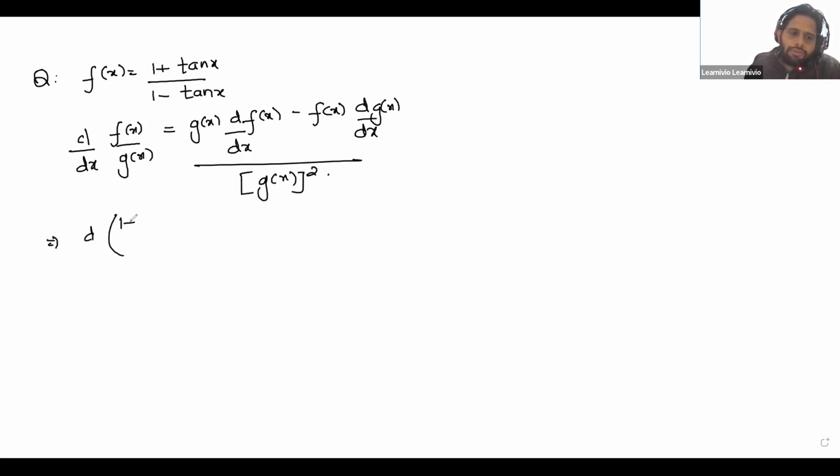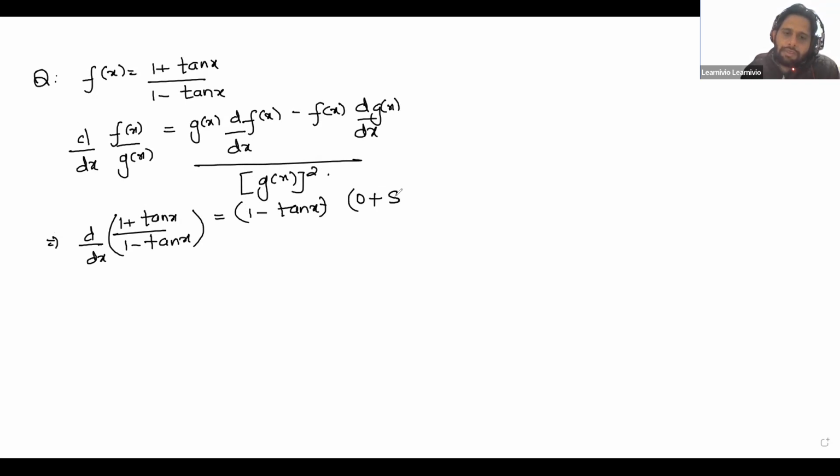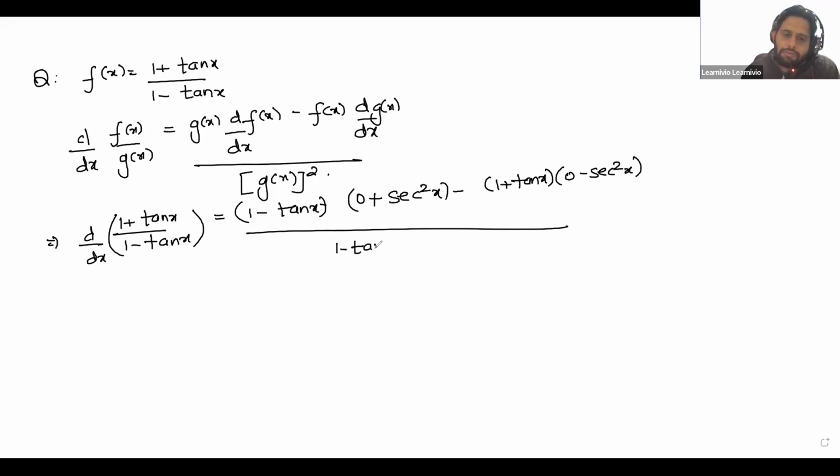So when we differentiate 1 plus tan x by 1 minus tan x, denominator as it is, differentiate the numerator: 1 gives 0 and plus sec square x, minus 1 plus tan x, differentiate the denominator, you will get 0 minus sec square x, by denominator square, that is 1 minus tan x whole square.